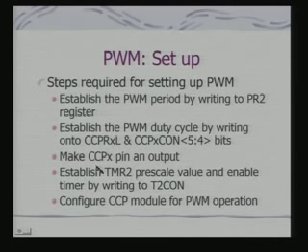We have to make the CCPx pin an output. We need to establish the TMR2 prescale value and enable the timer by writing onto T2CON. In fact, all the timers have an enable bit which we have to set to enable the timer, and configure your CCP module for PWM operation.